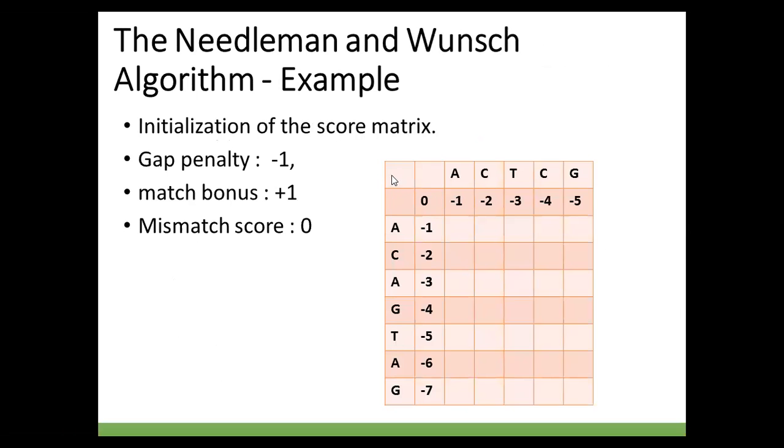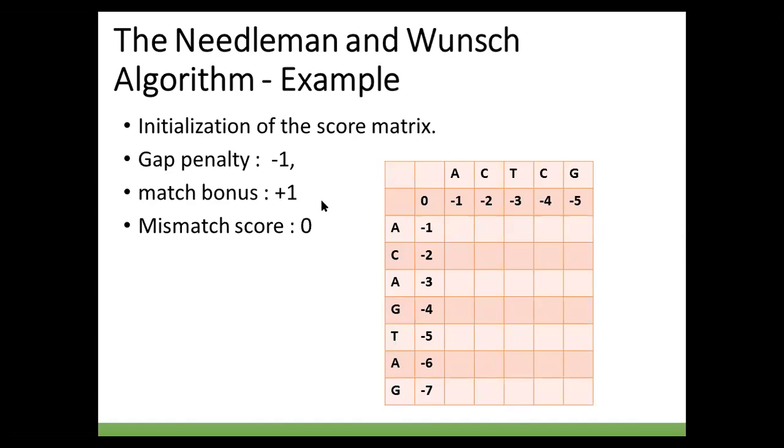What you have to do is develop a matrix first and then put the two sequences on two sides. And you should have a scoring system, with a gap penalty value, match bonus, and mismatch score.